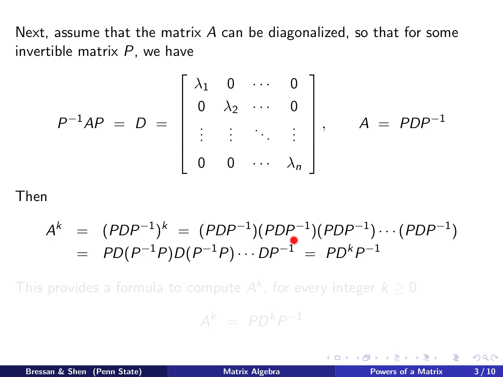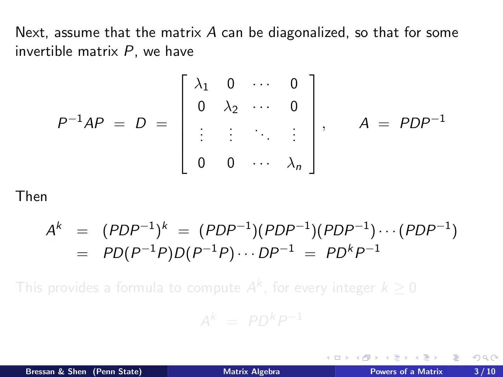So between those brackets, on the left and on the right, you get a pair of P inverse and P. Then we'll have PD from the leftmost one, then this pair gives the identity, then the diagonal matrix, then again P inverse and P, and so on, all the way to the last one, where we'll have D P inverse left. All of these are identity matrices, so we can drop them.